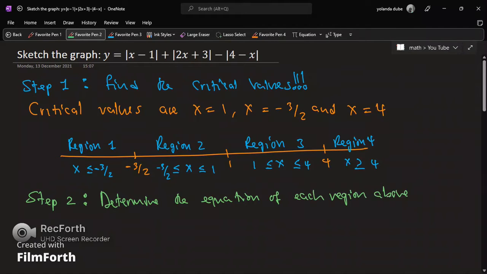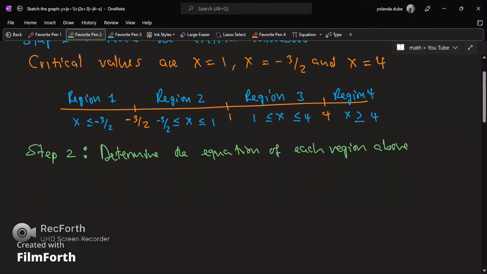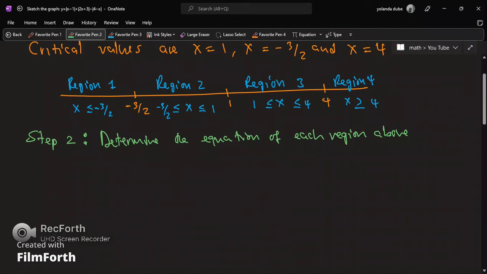As we have stated, in each of those regions that I have labeled as region 1, region 2, region 3, and region 4, the function that we want to sketch is actually described by different functions. So what we want to learn now is how to find all these functions. How can we determine all those functions? To determine the function, we're going to go region by region, and then we're going to see how we determine all that.